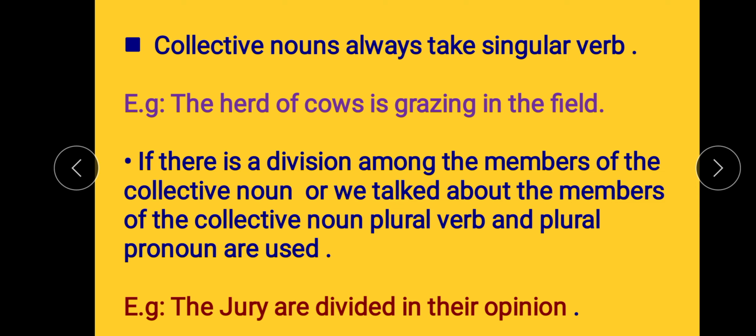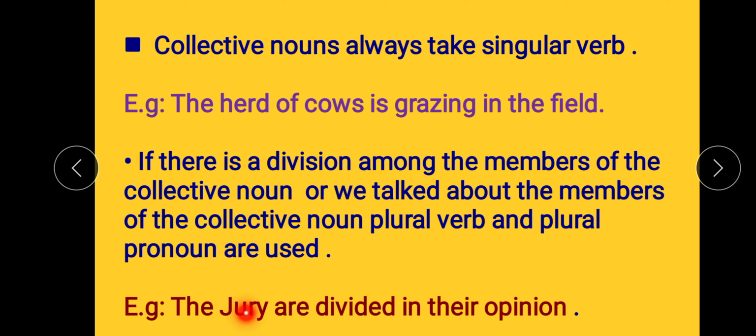But if there is a division among the members of the collective noun, or we talk about the members of the collective noun, then a plural verb is used. For example, the jury are divided in their opinion.